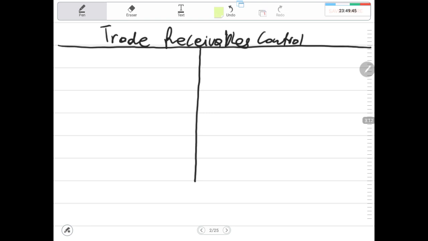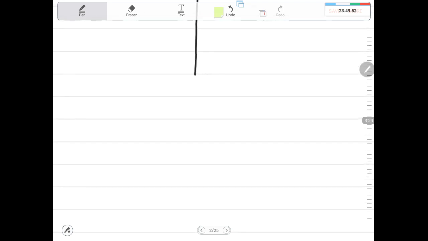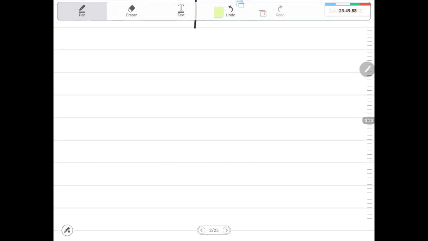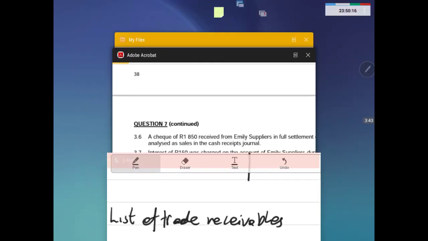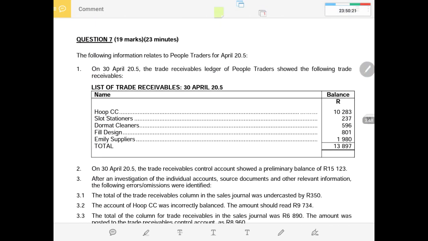Then now we have the list of trade receivables, which is the list of our debtors, which I will draw here. So now we'll have here below the list of our trade receivables. So let me say list of trade receivables. Then I will list all the trade receivables as they appear in the list of trade receivables as we have seen given them to us.